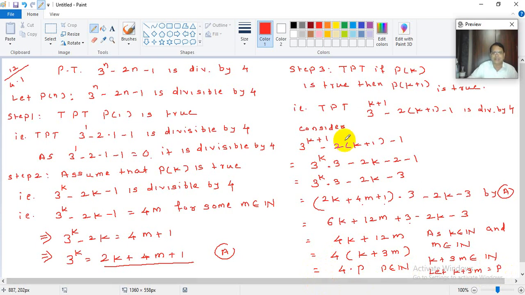म्हणजेच तुम्ही काय सिद्ध केलं, ही जी क्वांटिटी आहे ना 3 रेज टू k प्लस 1 मायनस 2 times k plus 1 minus 1 is 4 into p, where p is a natural number. What does this mean? This means 3 raised to k plus 1 minus 2 into k plus 1 minus 1 is divisible by 4. So I will erase this part now so that I can continue here.